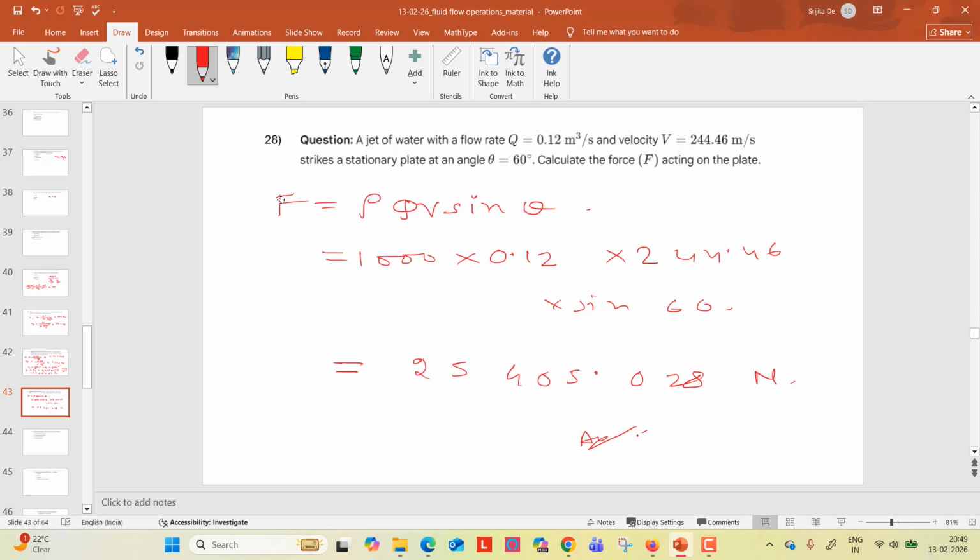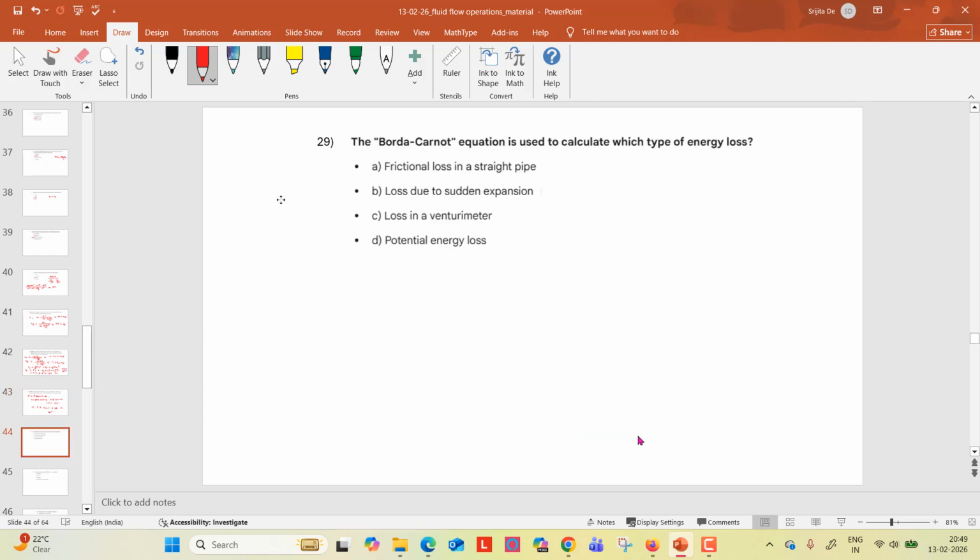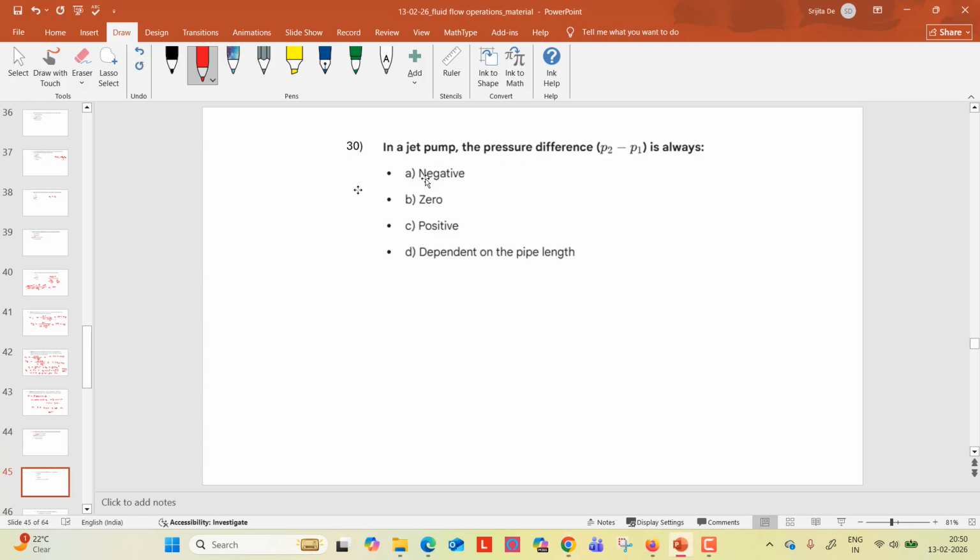Next, the Borda-Carnot equation is used to calculate which type of energy loss? We have done this earlier. It is the loss due to sudden expansion. Next, in a jet pump, the pressure difference is always positive.